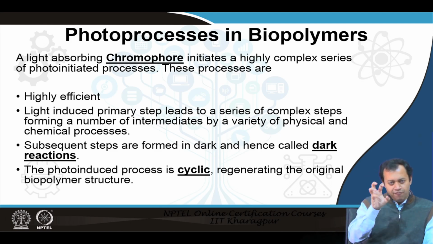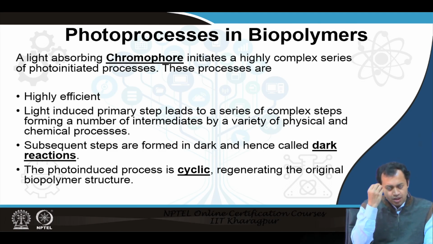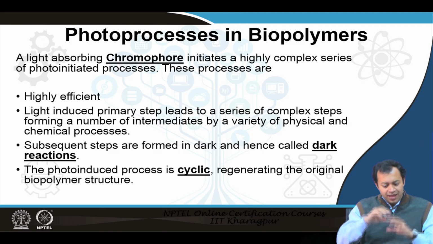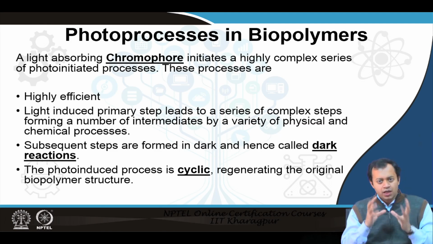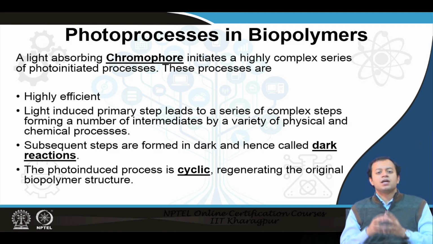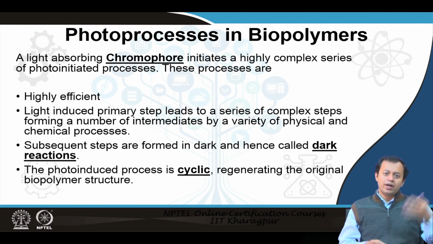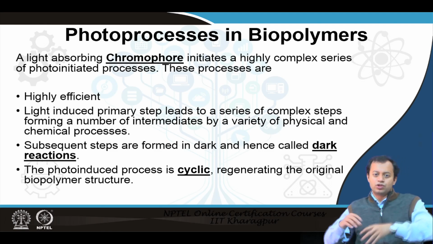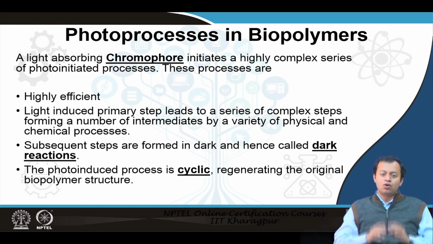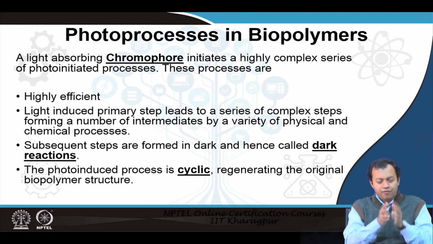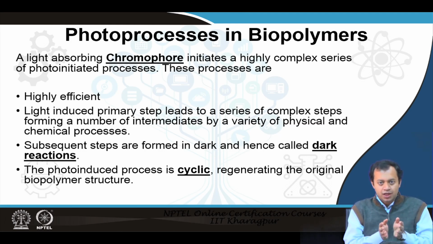A chromophore is that specific molecule of a large compound that actually absorbs a specific wavelength of light, and its work is in determining the overall color of the entire molecule. The entire compound is made up of molecule A, molecule B, molecule C, a complicated compound, and a specific part of it absorbs light.